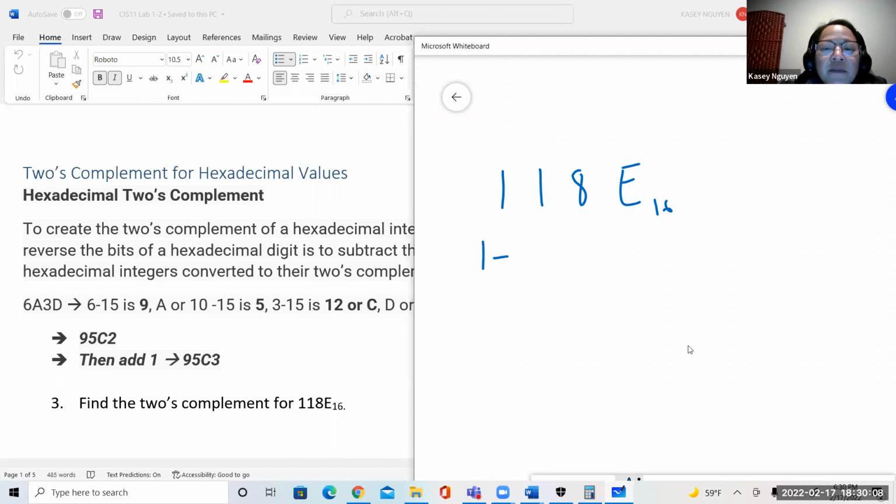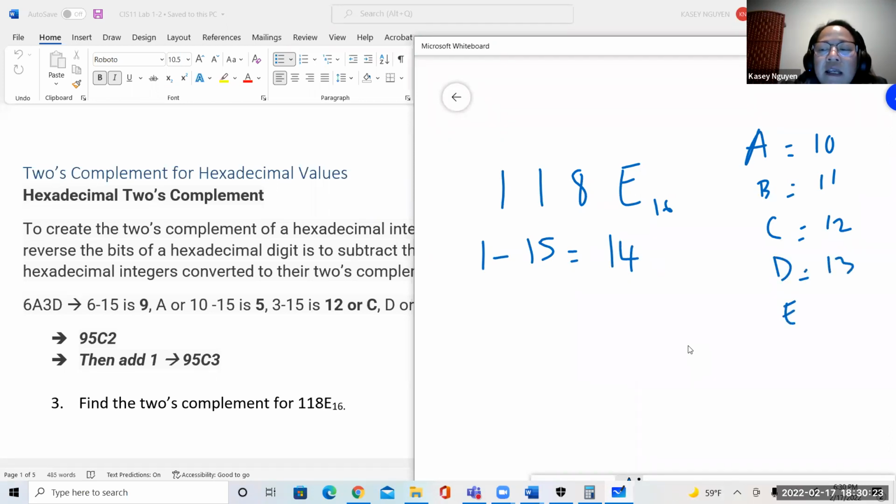So 1 subtracted from 15, the difference is going to be 14. A is 10, B is 11, C is 12, D is 13, E is 14, and F is 15. So here this will be E.